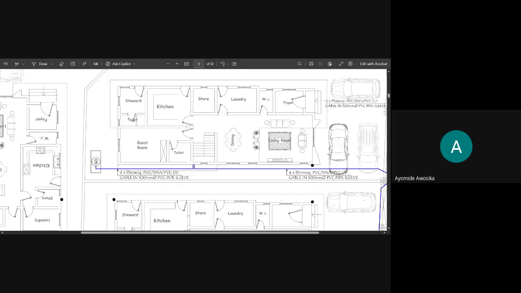Sometimes they won't show you this type of detail. Let me explain something to you. They won't show you this pole. They will just show you the 11 kVA power line, and they won't show you these details.